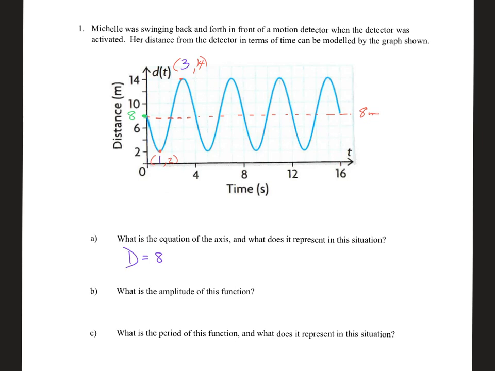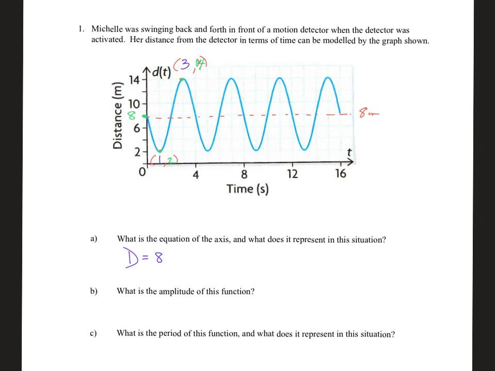She then swings and is 2 meters away from the motion detector. She continues to swing and then is 14 meters from the motion detector. Now we start to have context to it.